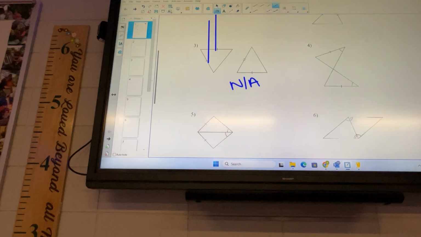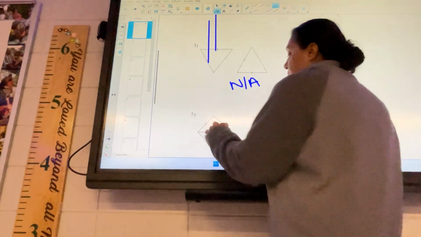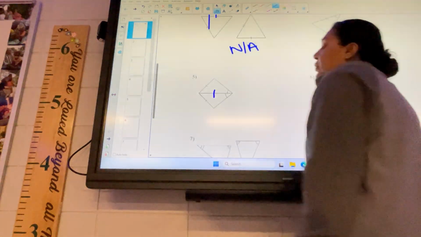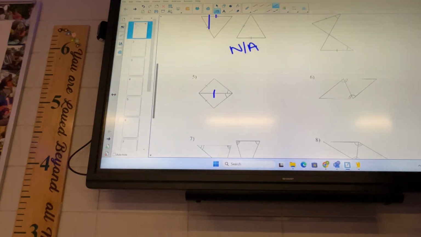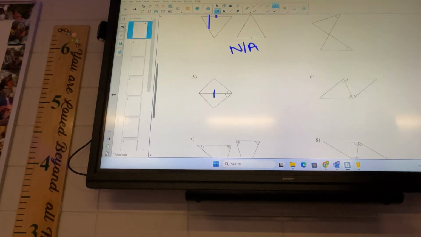Okay, number 5. Are the 2 triangles touching? Yeah, so we have to mark something. What do we have to mark? The middle. Okay, and so what do we have marked? 2 sides and 1 angle. Okay, so what is this one? Side, side, angle. Is that an option?